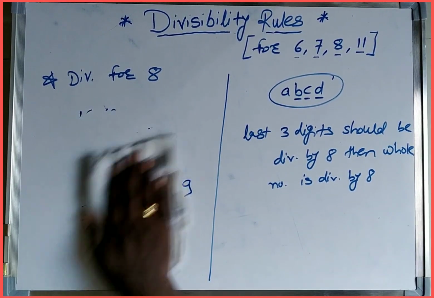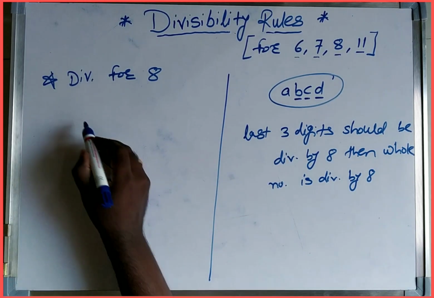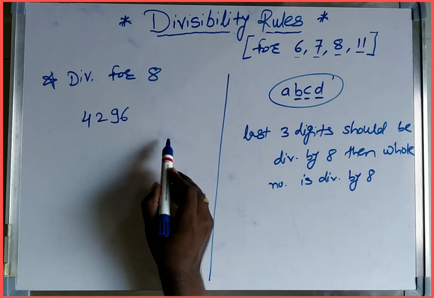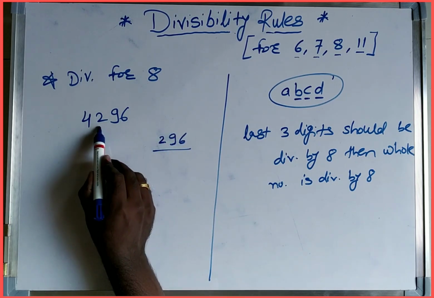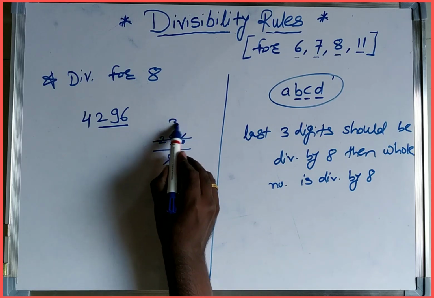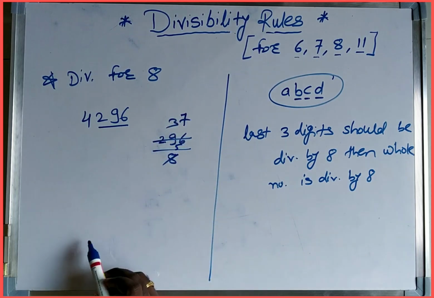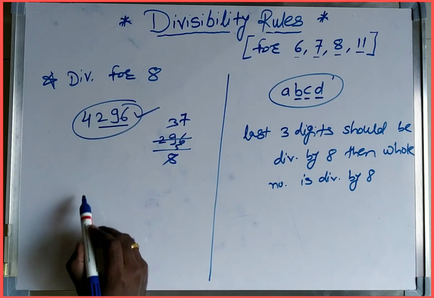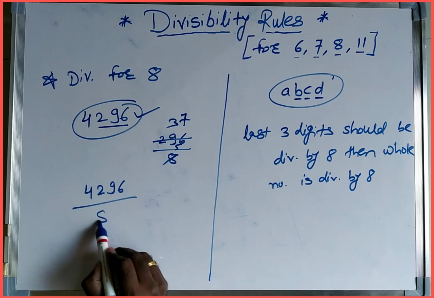Next we have the number 4296. Now take the last 3 digits of the number, that is 296, and divide by 8. 8 3s are 24, remaining is 5, and 8 7s are 56. This means the whole number should be divisible by 8, that is 4296 divided by 8.